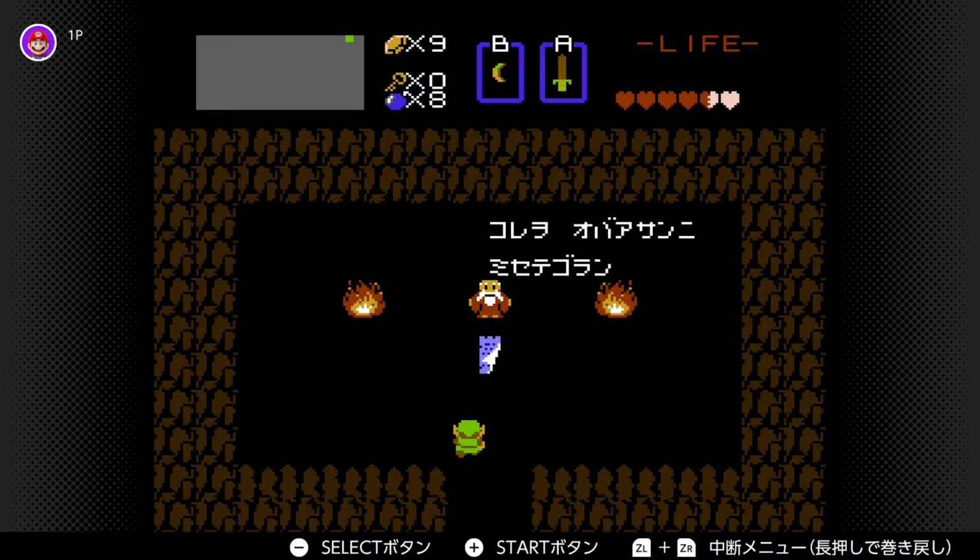And so this, to the old woman, misete goran. Miseru, to show. Then we take the ru off and add the te. Again, the te form, which in this case we need to combine with goran.